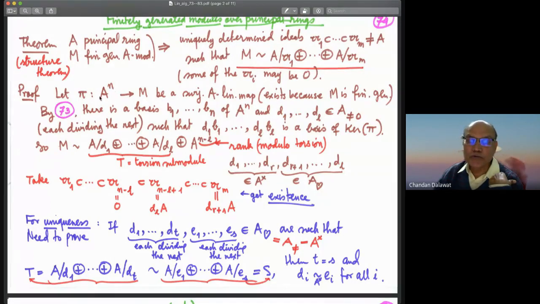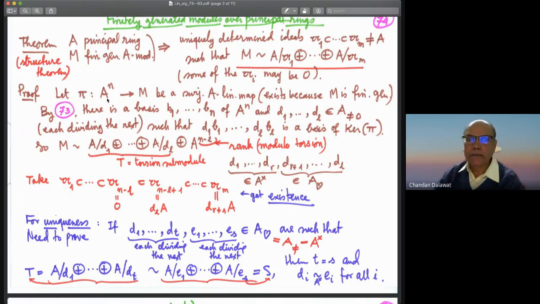And what have we proved about submodules of free modules? We have proved that there's a basis of the free ambient module, and non-zero elements d1 to dl of the ring A, each dividing the next, such that d1 b1 all the way up to dl bl is a basis of this submodule.